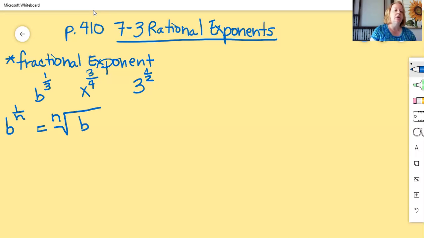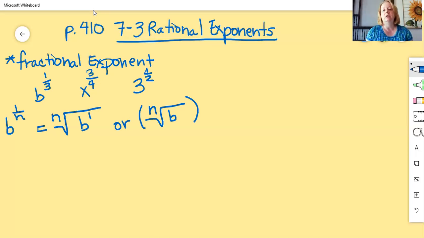And then you can write it like this, where the exponent goes inside, or you can write it like this, where the index is still n, and then you can put parentheses around it, and it'll be to the 1st power. But we're mainly going to look at this one today and play around with it and solve some problems.